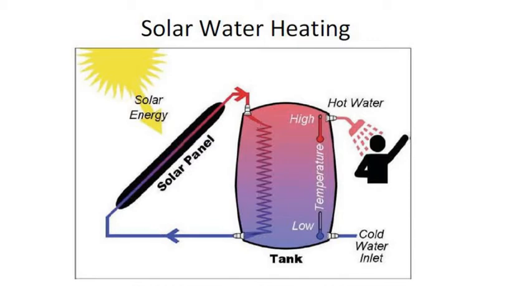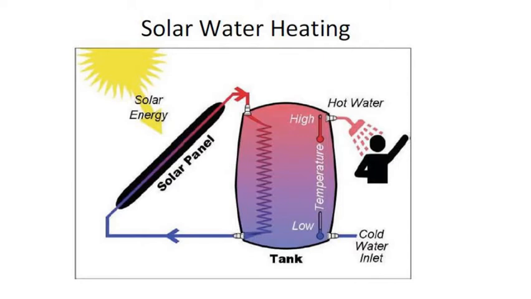A spiral arrangement is provided in this tank for more contact area. This carrier fluid will carry the heat, and in this tank, due to the spiral arrangement, heat will be exchanged, and in this tank cold water will be there. So this cold water will become hot due to the carrier fluid heat.